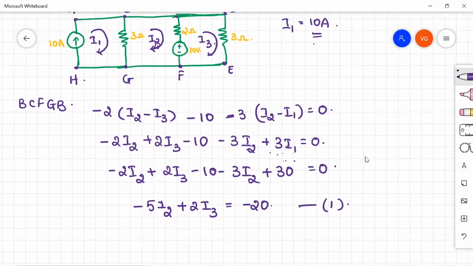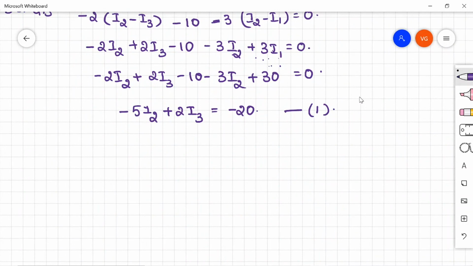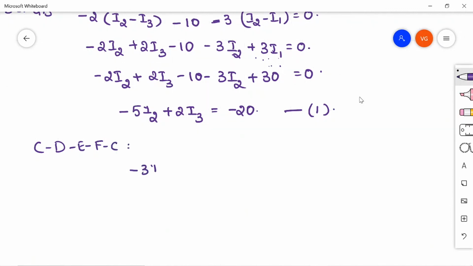So I am writing it along C, D, E, F, C. The loop equation will be minus 3I3 plus 10 minus 2 into I3 minus I2 is equal to 0. There is no I1 term, no need to substitute.